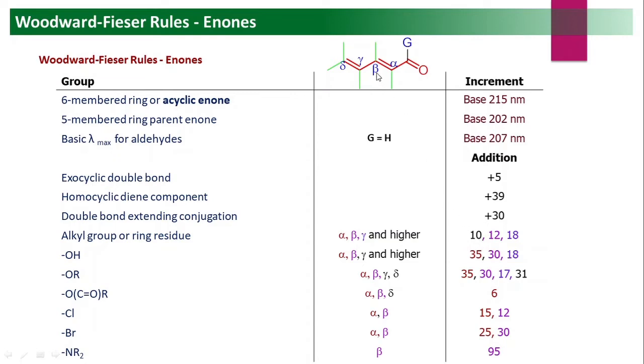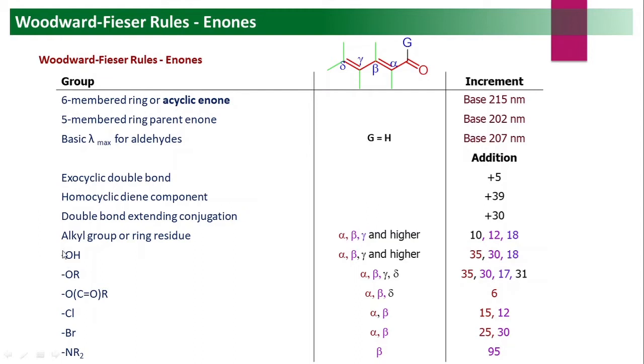If at the beta position, we add 12 nanometer, and if at the gamma position, then 18. And if at delta, then 18. From gamma onwards we add 18, but alpha is 10 and beta is 12 only.